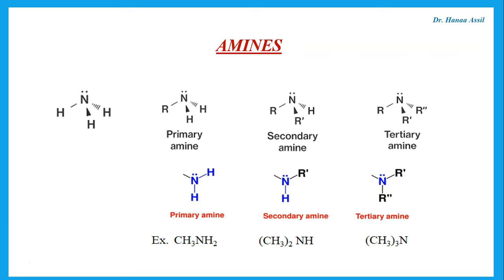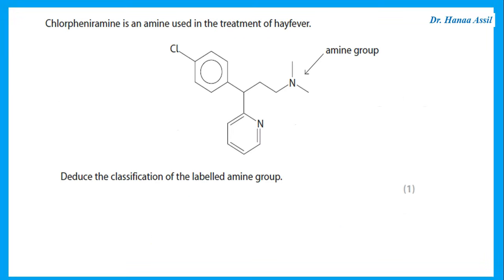If we have 2 of the hydrogens replaced with 2 alkyl groups or R groups, that's a secondary amine. If we have all 3 hydrogens replaced by carbons, then that is a tertiary amine.